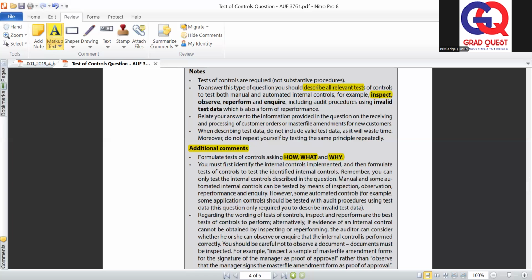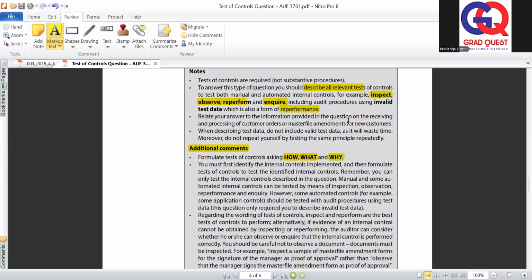So you can inspect, you can observe, the auditor can reperform, the auditor would inquire, meaning asking questions, and using invalid test data, the auditor would reperform. Very important: when you're carrying out an audit procedure relating to test data, which is usually invalid test data, take note that it's more of reperformance.